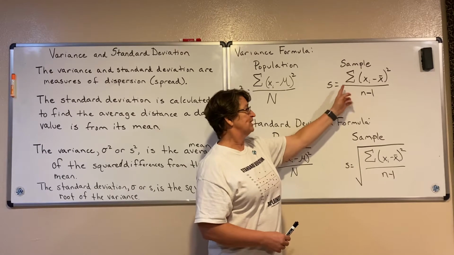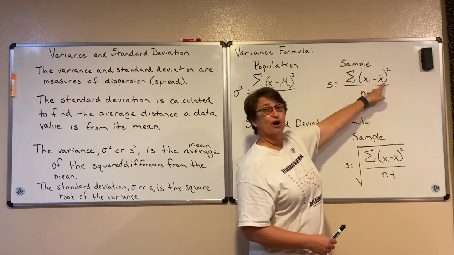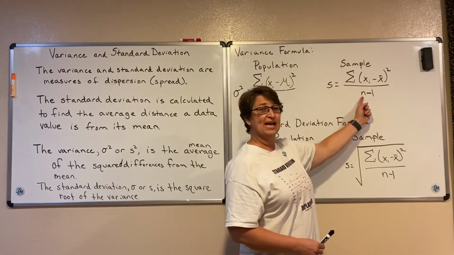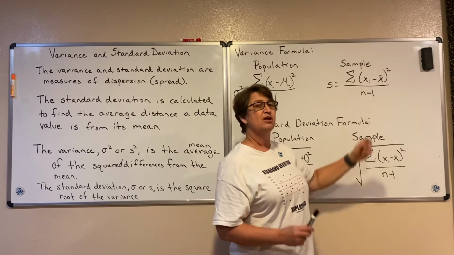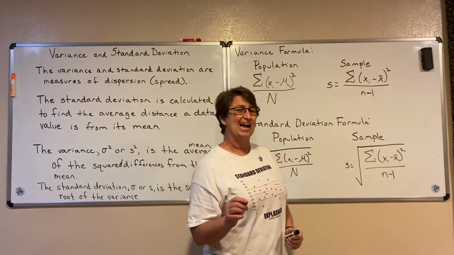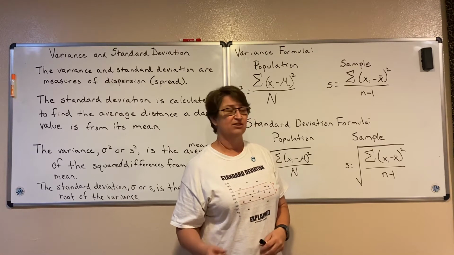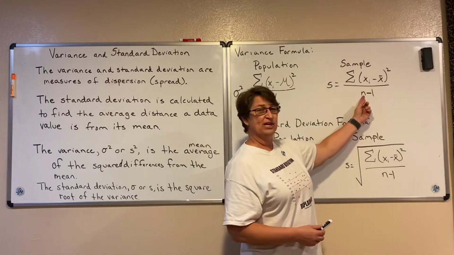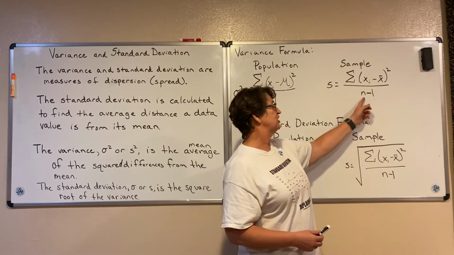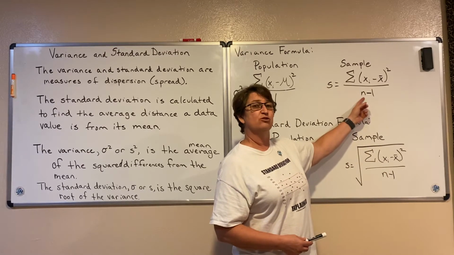Now, notice with a sample, we use x bar for the mean, and we use a lowercase n for the sample size. But notice that the formula is actually a little different. With the MAD, the formulas were exactly the same, but with the variance and the standard deviation, our sample formula is a little different.